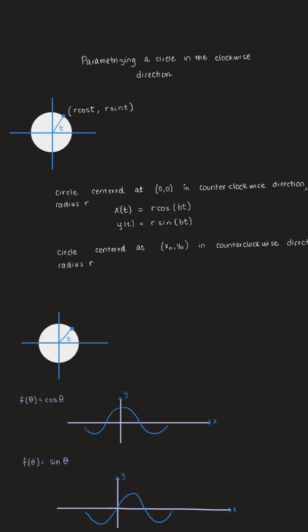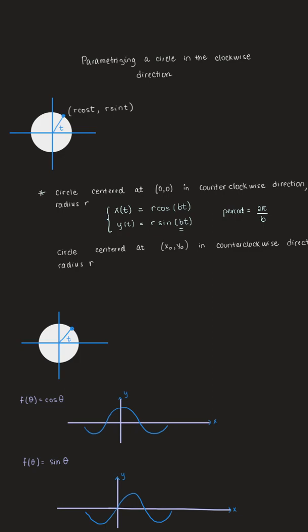The meaning of that letter b is the number of cycles that we can complete in one period, in 2 pi radians. And so if we know the period, we can find b by taking 2 pi, dividing by b, and setting that equal to the period. So that's really important.